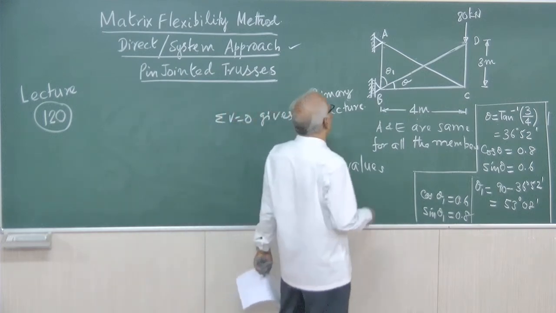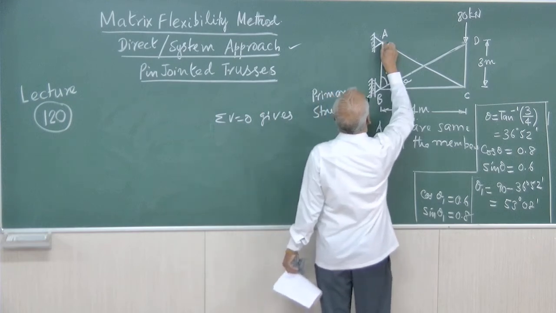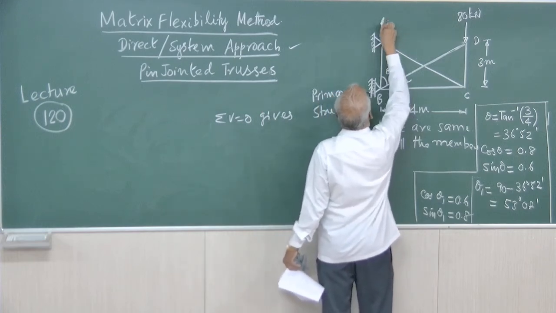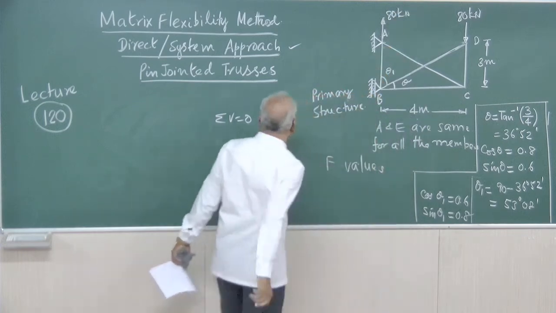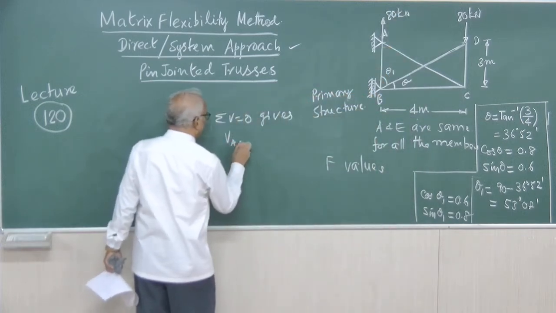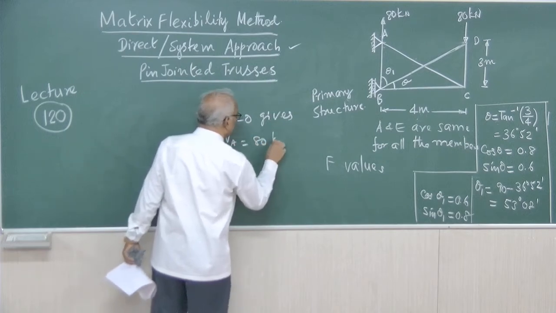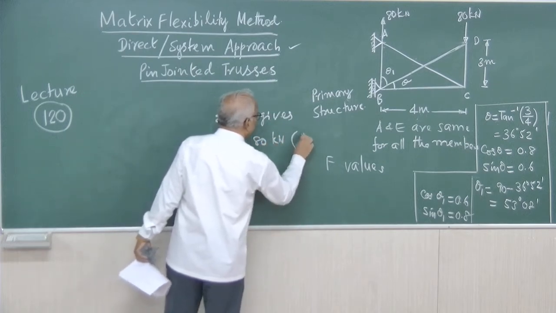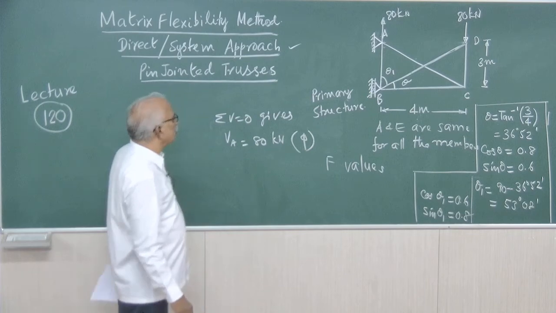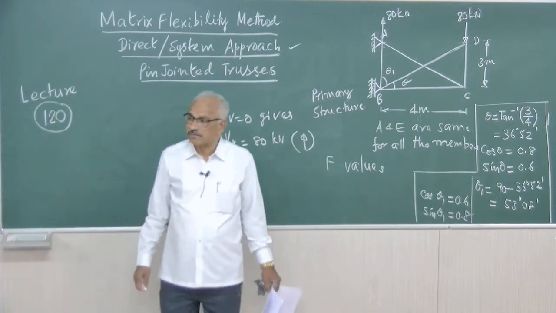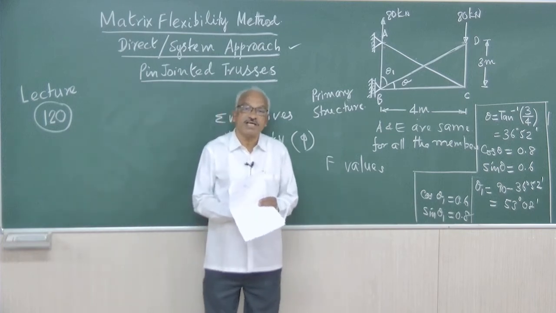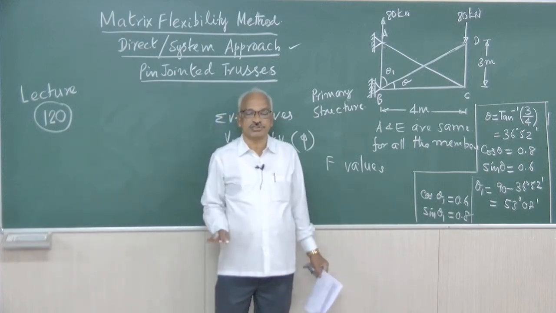Therefore, the only option is that the vertical reaction at A will be 80 upwards. That will give you VA equal to 80 kN, in the upward direction. Now this VA and the given downward force will satisfy sigma V equal to 0, right.